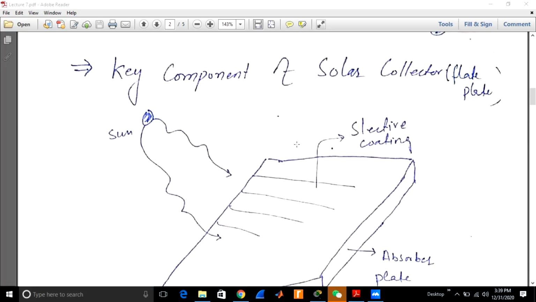One is called non-focusing, and the other is called focusing. The example of a non-focusing collector is the flat plate. And what is the example of a focusing type? There are two types of focusing: line focusing and point focusing. It will be clear by the end of this lecture.